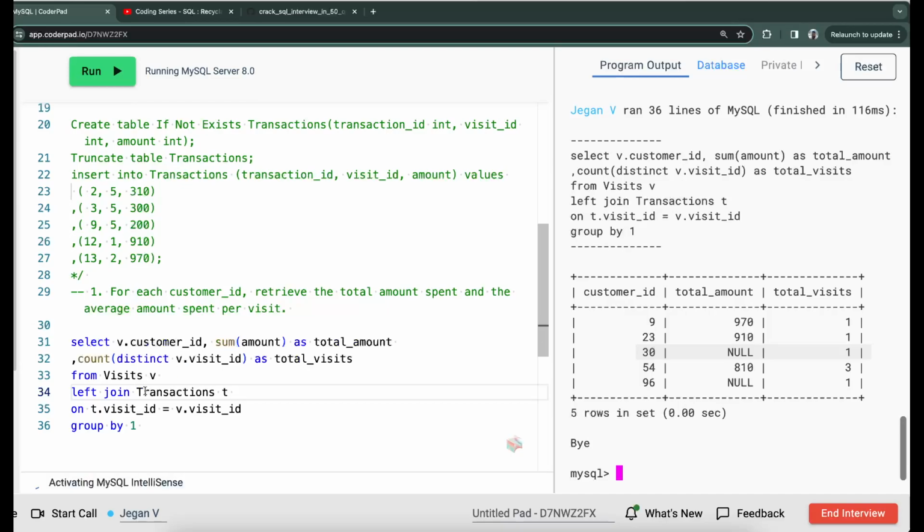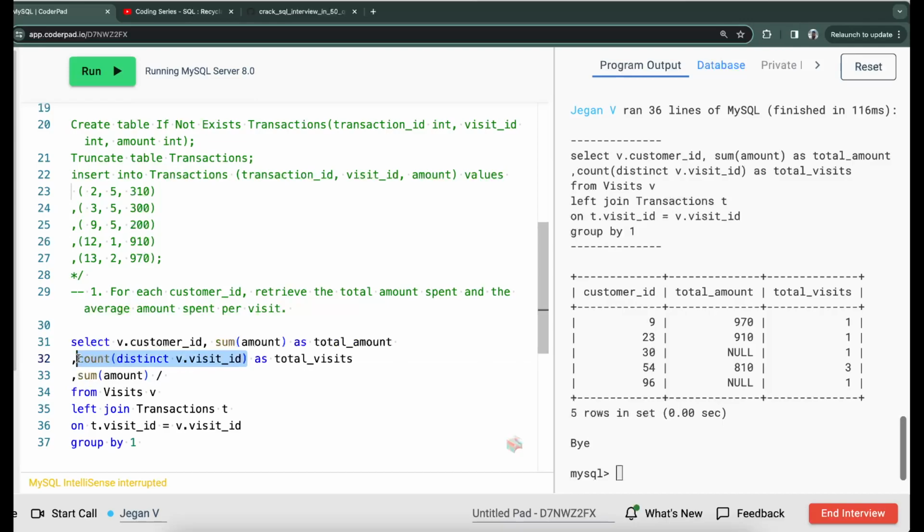So to find the average, the total visits has to be distinct and we have to go for the left join. And how will you find the average? It's going to be sum of amount by the count of the distinct visits.